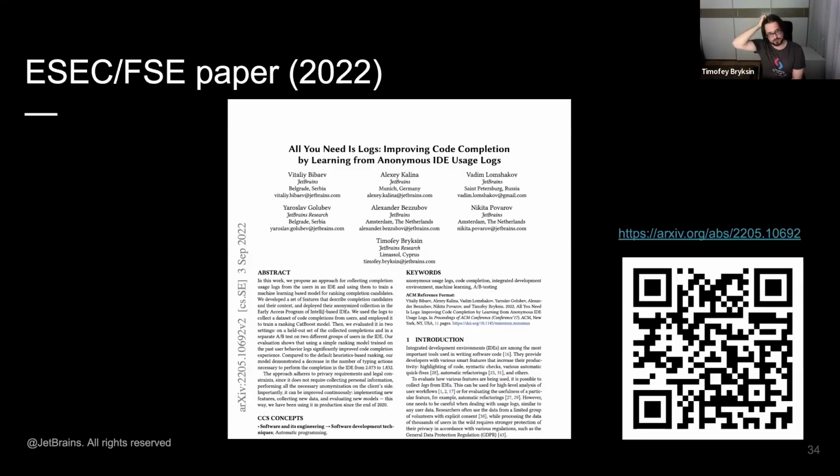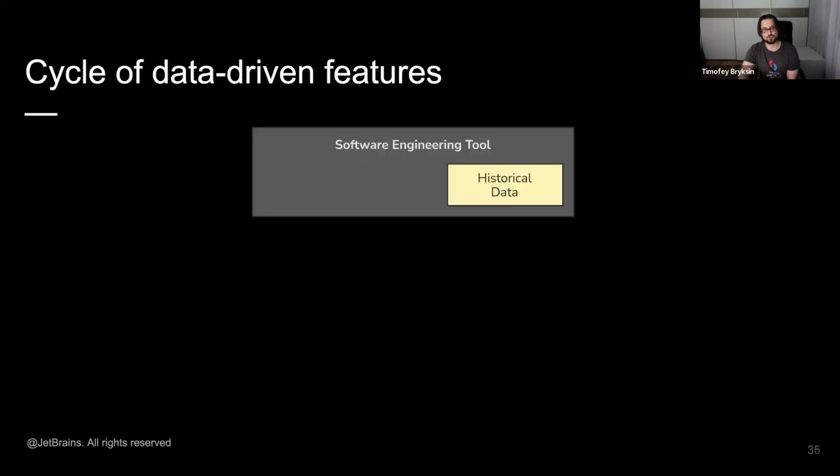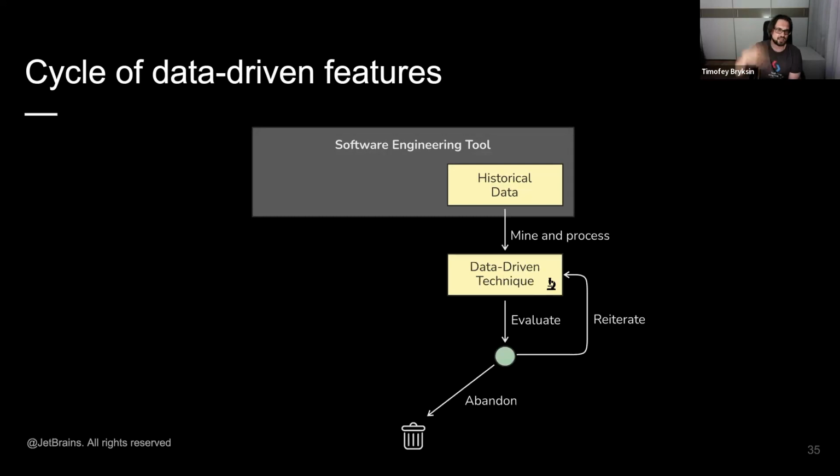Here's the paper that describes a lot of things apart from what I've been talking about. If you're interested, please go and read this paper. And I wanted to conclude with this diagram that I took from a PhD thesis of my colleague. It shows the life cycle of a data-driven feature in software engineering tools.